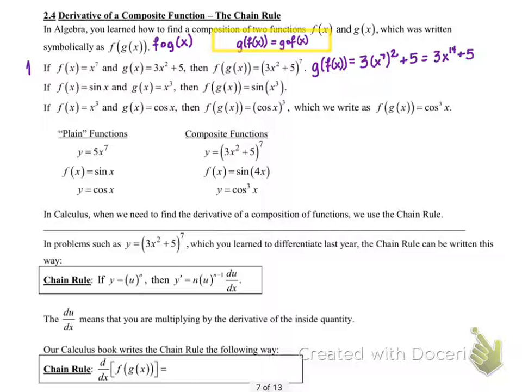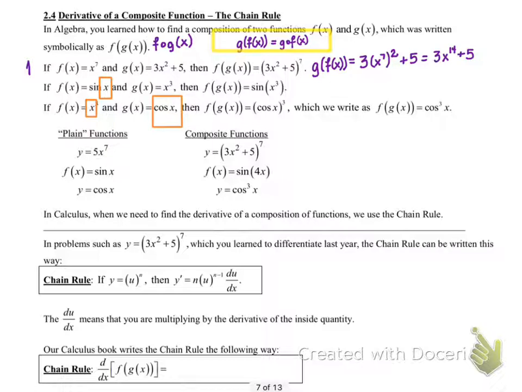So if you're looking at f of x as sine x and g of x as x cubed, you would replace this x with x cubed. And in the next one, you would replace this x with cosine.